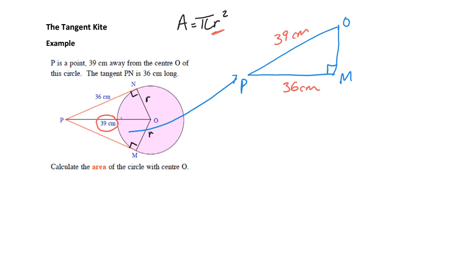So what we're really looking for, that OM, is a shorter side using Pythagoras. So if we call it r just now, r squared equals 39 squared. This time it's a subtract because it's a shorter side we're trying to find. So 39 squared, take away 36 squared gives you 225.